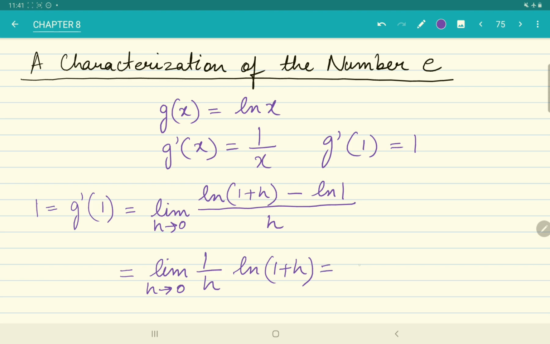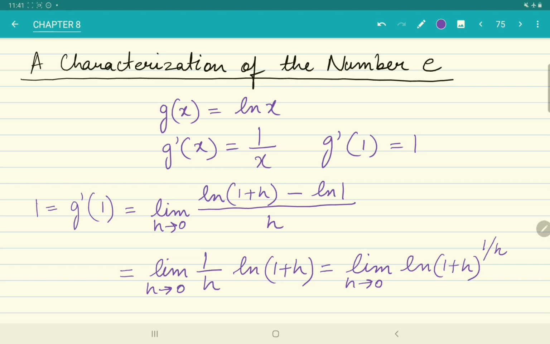and this can then be written as limit h tending to 0. We can use the rules for ln, and we can write ln of 1 plus h raised to the power 1 by h.